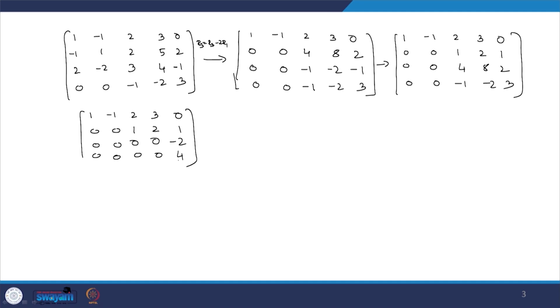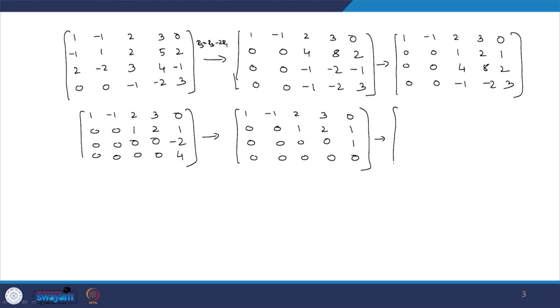One more step: 1, minus 1, 2, 3, 0, 0, 0, 1, 2, 1, and 0, 0, 0, 0, 0. Okay, so though it is not a row reduced echelon form, to make it a row reduced echelon form I have to do one more step.